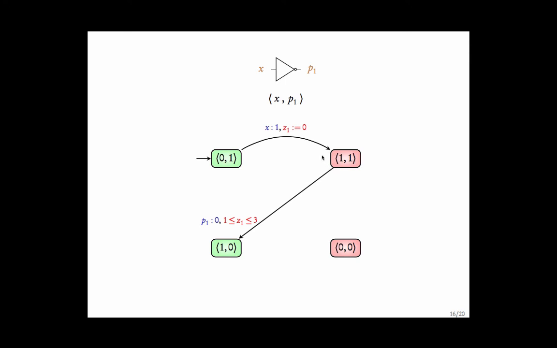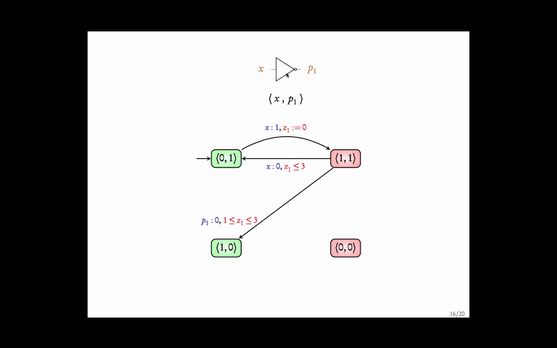However, when the system is unstable here, it might so happen that the value of X changes back to 0. In that case, the system can go back to its stable state. Look at this. It says that the system can stay unstable for at most 3 time units.